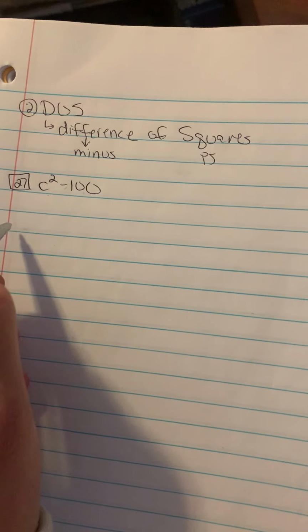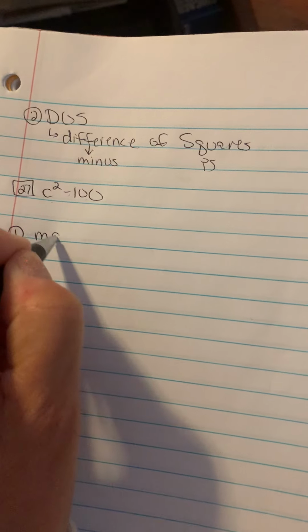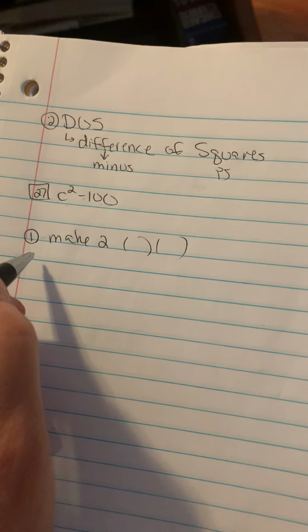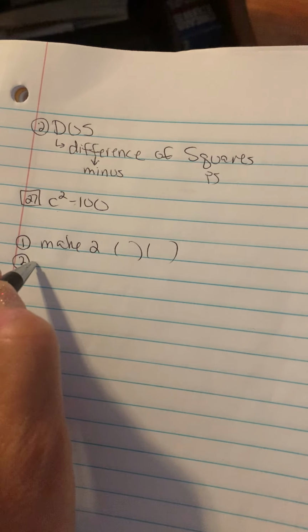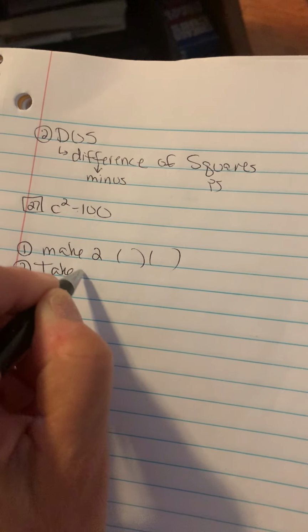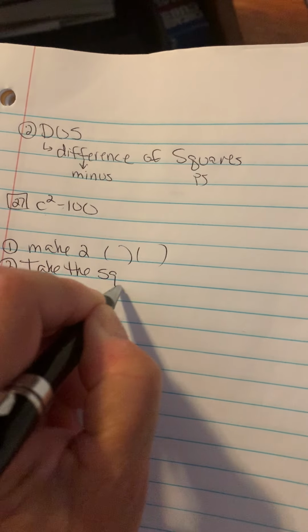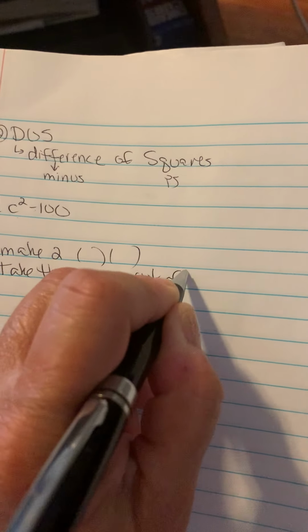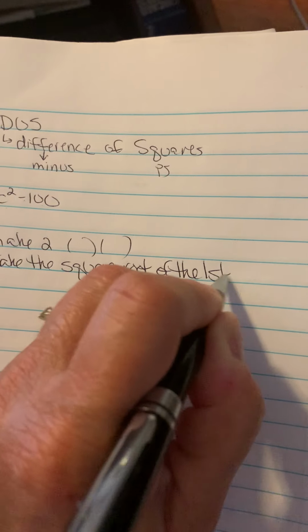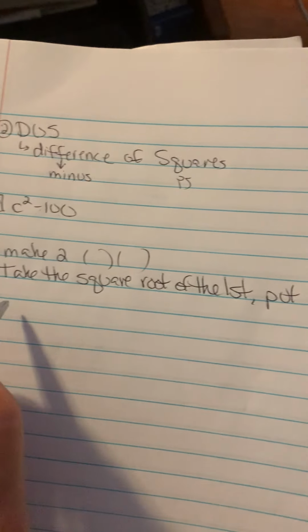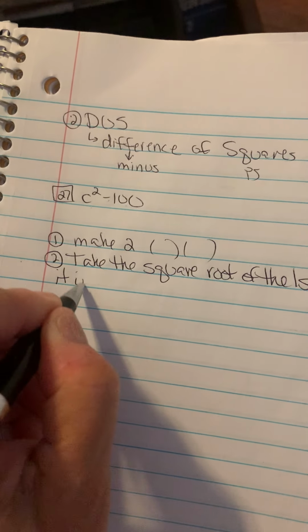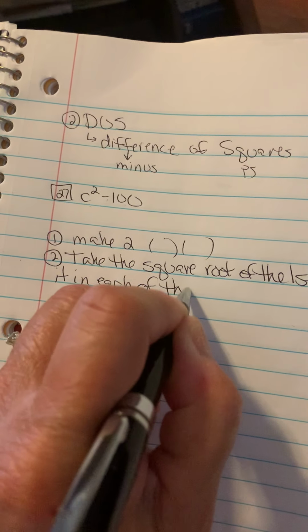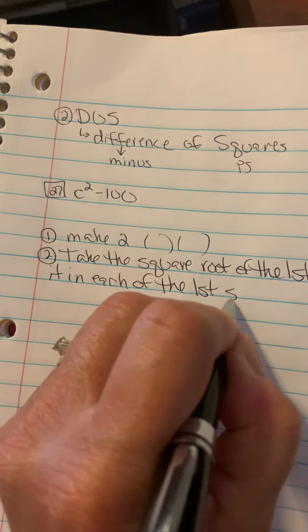So what do I do? Make two sets of parentheses. Take the square root of the first, put it in each of the first spots.